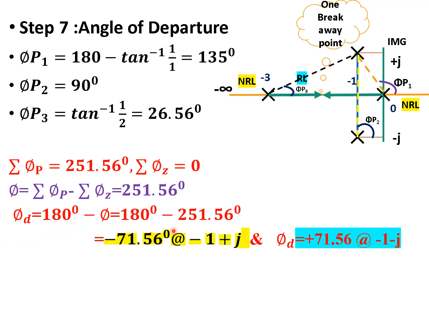So 180 degrees minus 251.56, we get the angle of departure. In this case, the angle of departure from this complex pole, that is -1 plus j, is minus 71.56. Now at the other complex pole, that is -1 minus j, the angle of departure is 71.56.